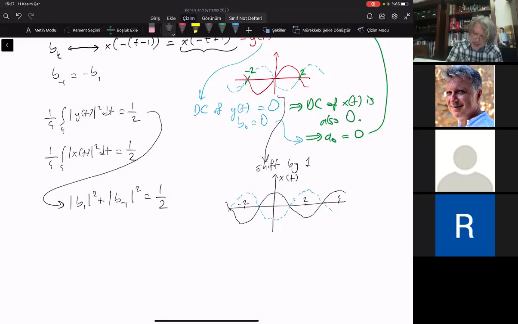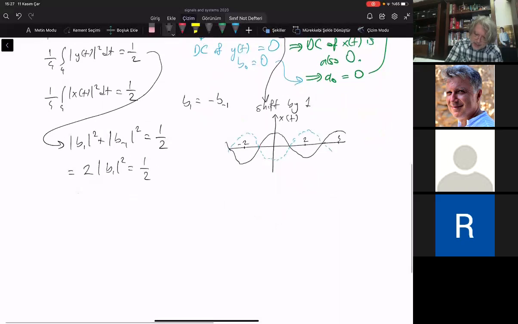And we know that b1 is equal to minus of b minus 1. It was here. So we have 2 of b1 square is equal to 1 over 2, saying that b1 is equal to square root of 1 over 4, which can be plus or minus 1 over 2.